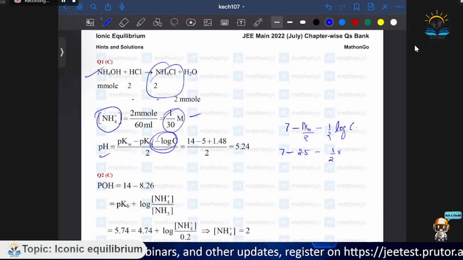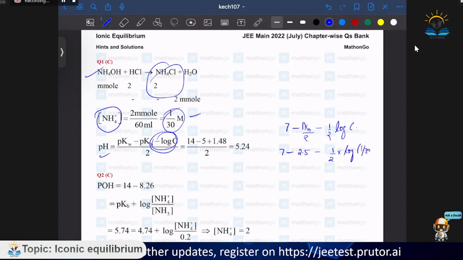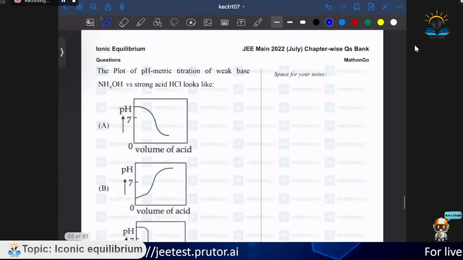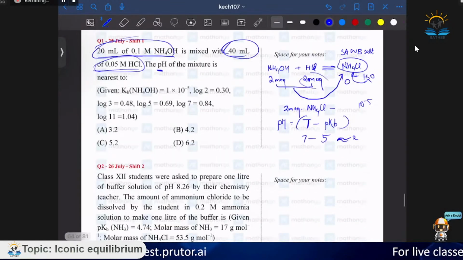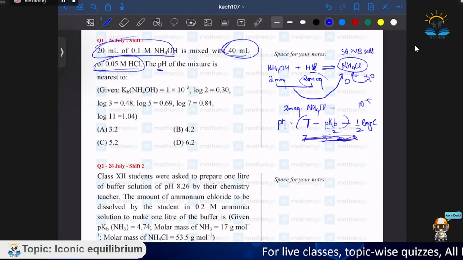So log 1 by 30, and the value is 1.48. So we can easily calculate the pH using this formula. I had just forgotten one small thing. The answer is, as we saw, 5.2.